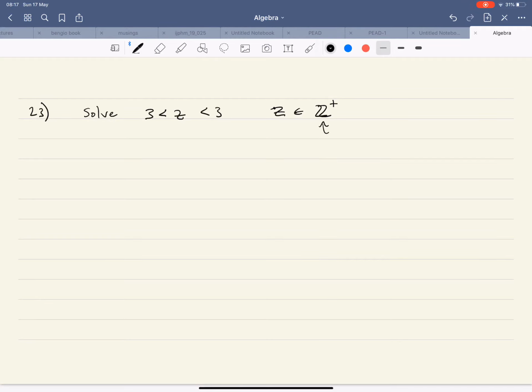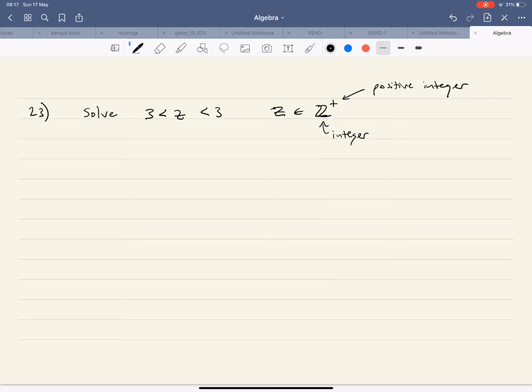Remember that this funky looking z is for integer, and when I put this plus, I mean positive integer. Okay. The only integer that could even be sandwiched between two 3's is a 3 itself, right?